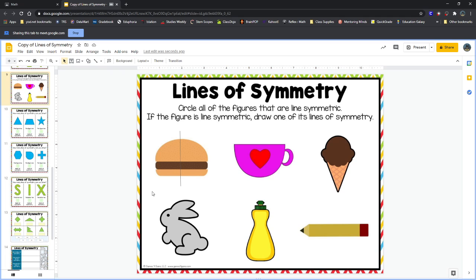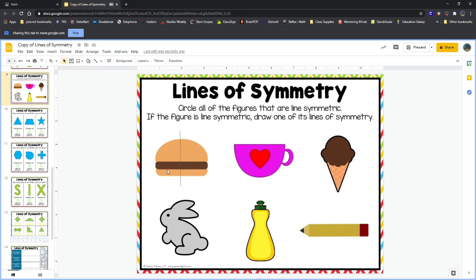Okay, next one. My teacup. Does my teacup have any lines of symmetry or not? Kylie, does the teacup have any lines of symmetry or not? No. Very good job, Kylie. This is one of the tricky ones.